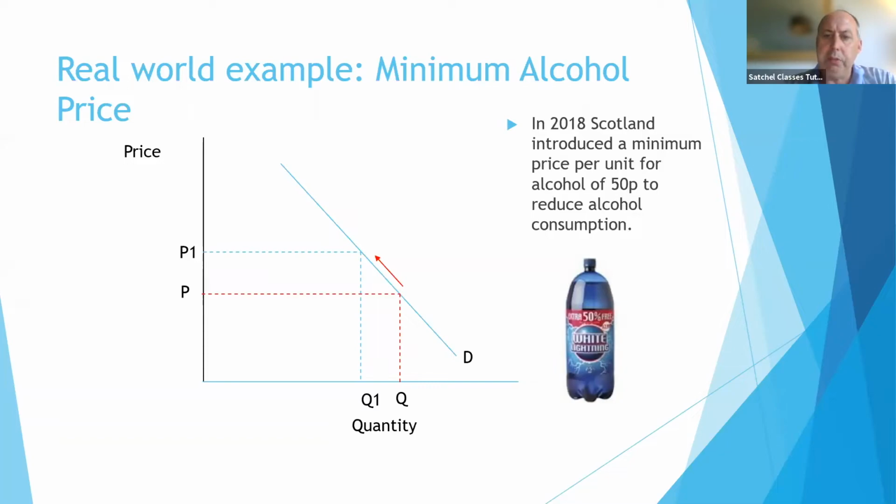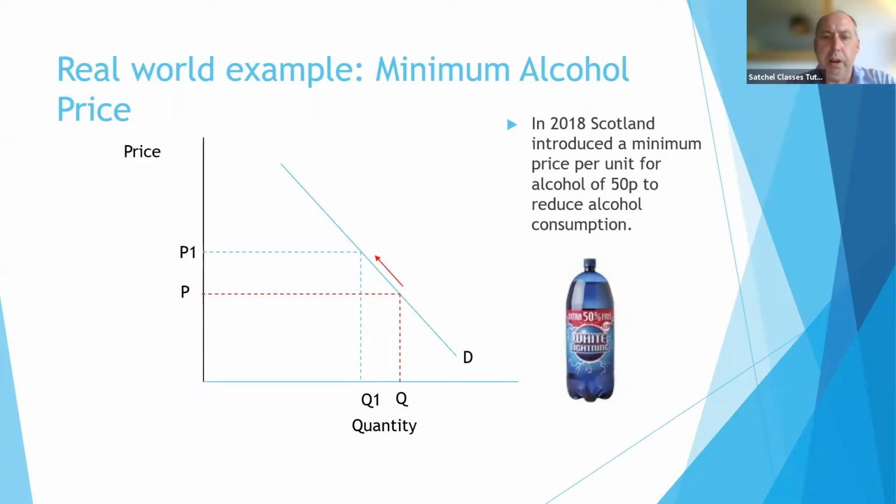Now, this was aimed at reducing the consumption of cheap alcohol, such as this White Lightning, big bottle of cider. So it should reduce the consumption of cheap alcohol.